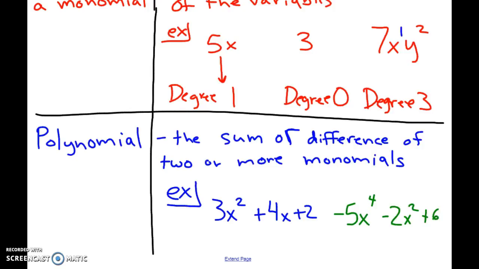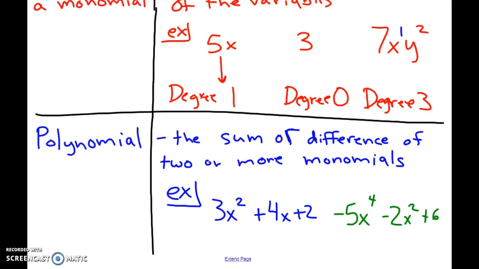That would be another polynomial. It's not just one term, there are multiple terms, and these different terms have different degrees. The term 3x squared has a degree of 2, the 4x has a degree of 1, and the 2 has a degree of 0. You could talk about the degrees of each term as well.